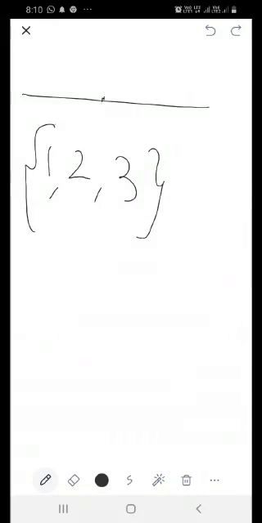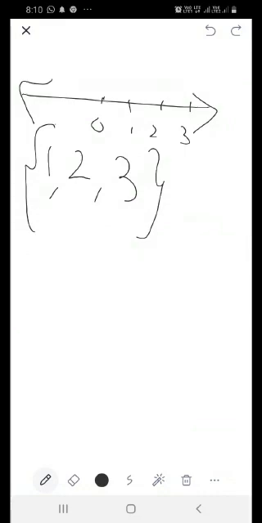So you can draw the number line, put arrows on both sides as a line can be extended on both sides, and by taking equal distances mark 1, 2, 3.